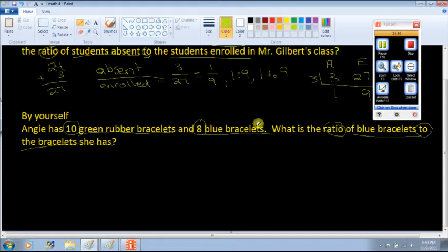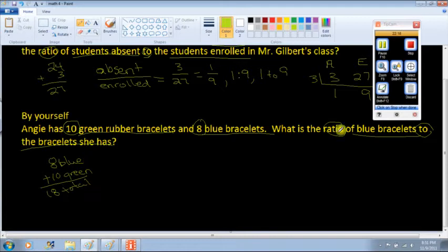So again, it's not green to blue, or blue to green. The ratio is blue to bracelets that she has. So then we have to add them. We have 8 blue, 10 green. We add them, and that gives us 18 total.